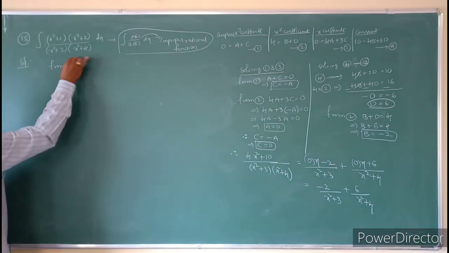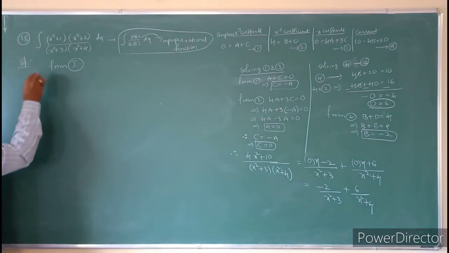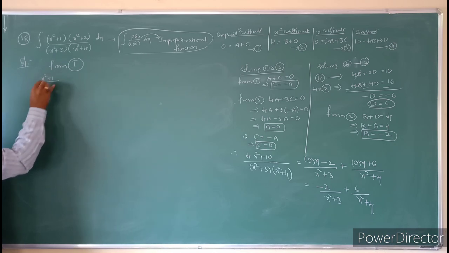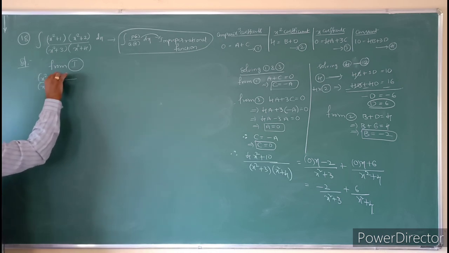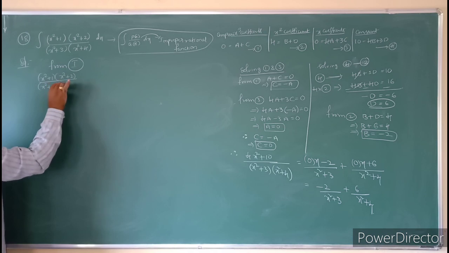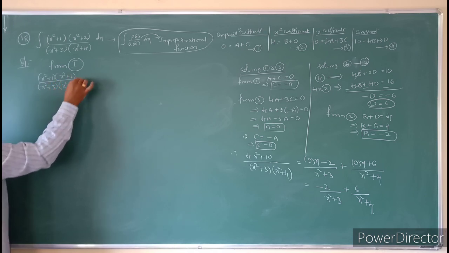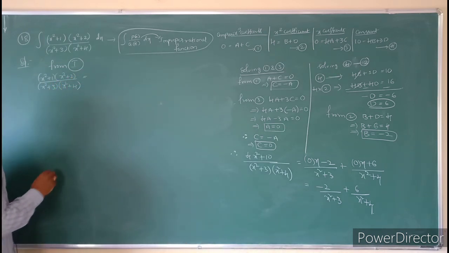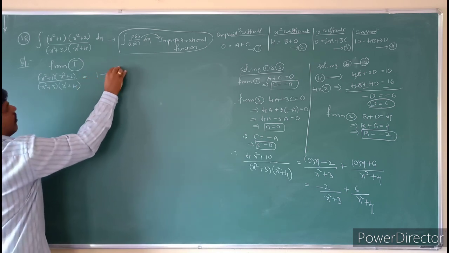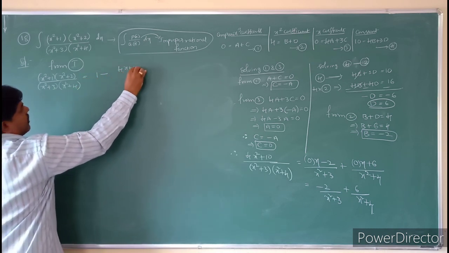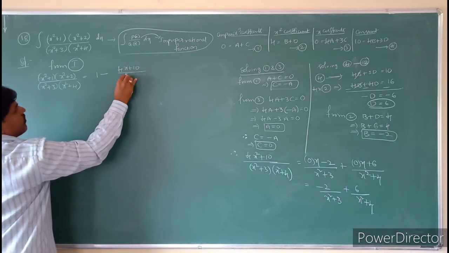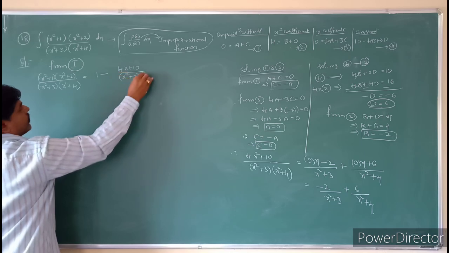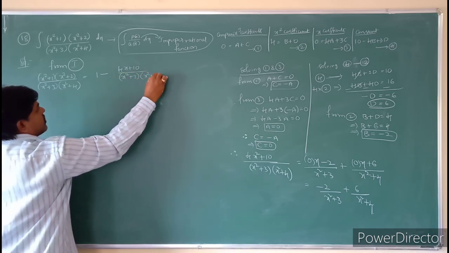So from equation 1, x square plus 1 by x square plus 3, x square plus 2 by x square plus 4, this value is nothing but 1 minus of 4x plus 10 by (x square plus 3) into (x square plus 4).